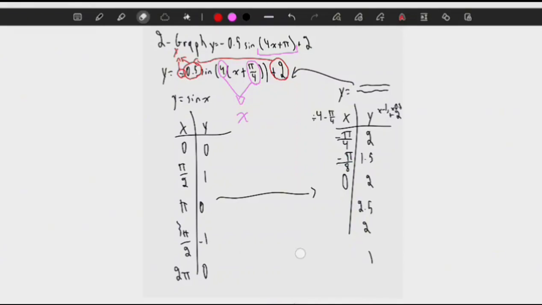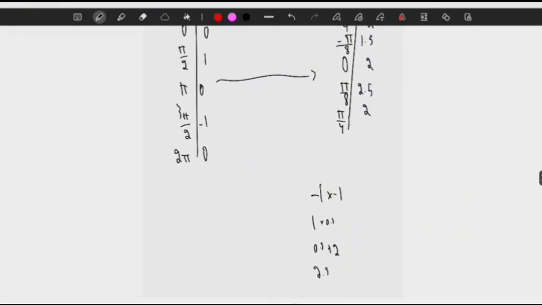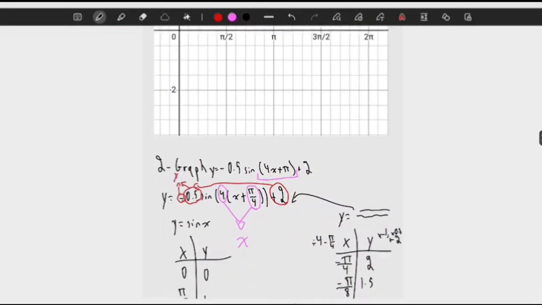And then we're going to move down, so we got the 0, 3 pi over 2. We're going to have pi over 8. And if you recognize the pattern, then the next point is going to be pi over 4.